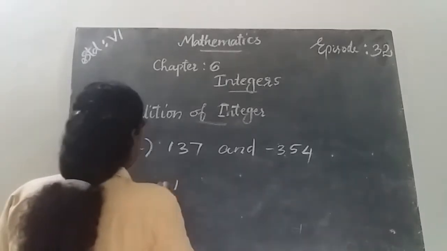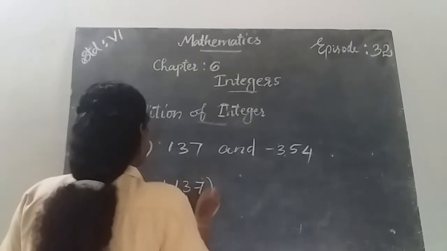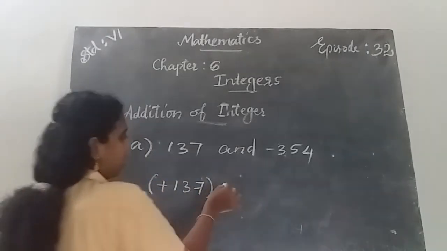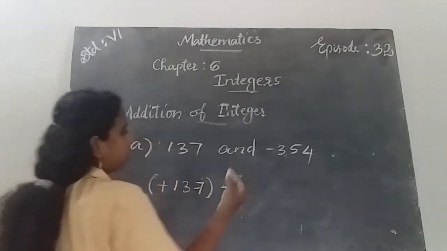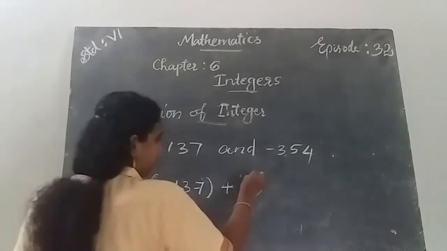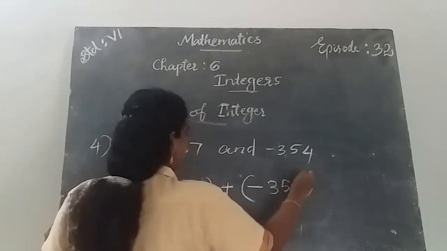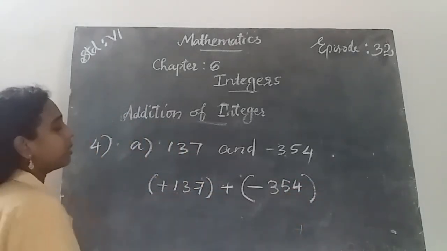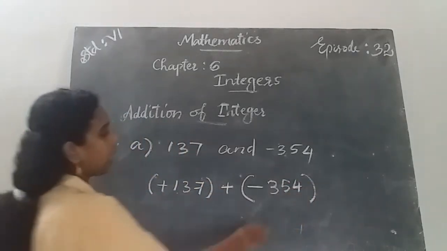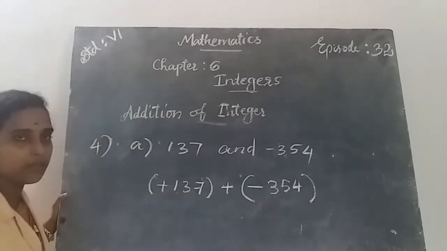So positive 137 plus negative 354. Here 137 is a positive integer and 354 is a negative integer.